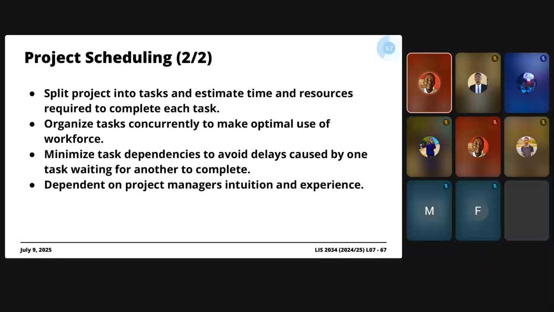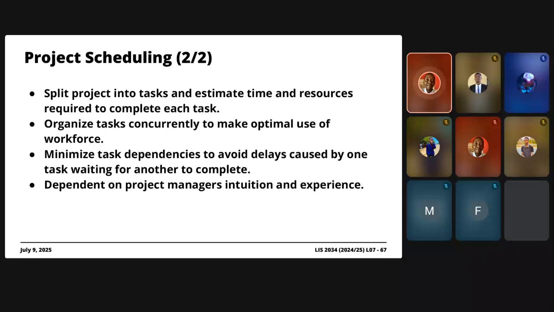The fact that what you're doing as part of project scheduling is decomposing the project into its constituent tasks, right? And in addition, after you decompose the project, after you identify these functional units, if we can call them that, you estimate the time and resources required to complete each and every one of those tasks identified.